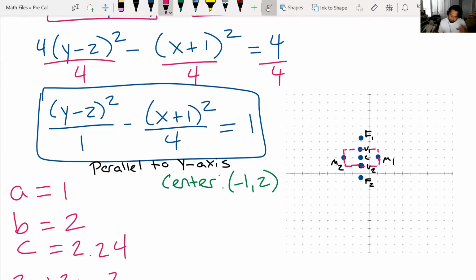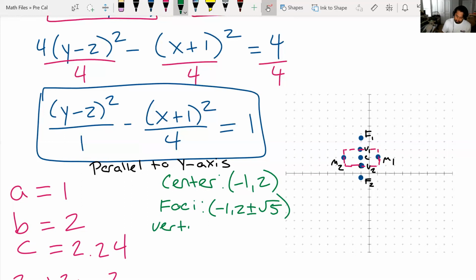There it is. And now let's fill in the rest of the information. Center was there. Foci, it went up, so -1 and 2 plus or minus the square root of 5. Vertices were at -1 and 3, and -1, 1.